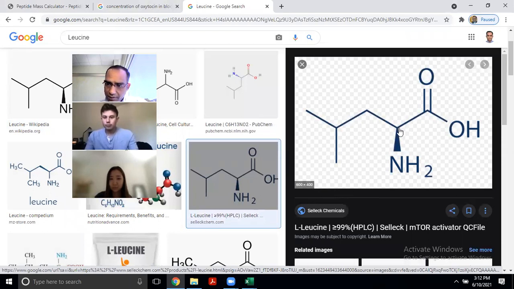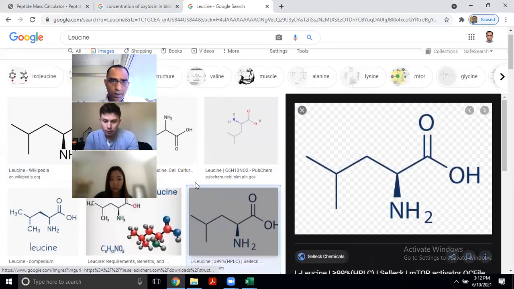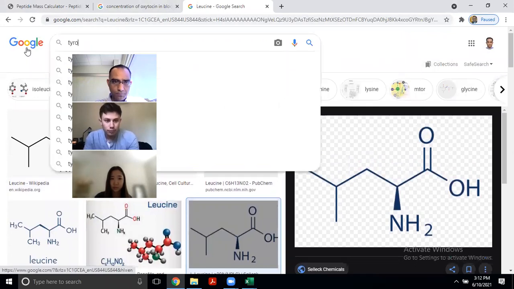And what is this carbon called? Alpha carbon. And this type of amino acid is called standard amino acid, right? And what is its name? Leucine. So let's say if I ask here, tyrosine.